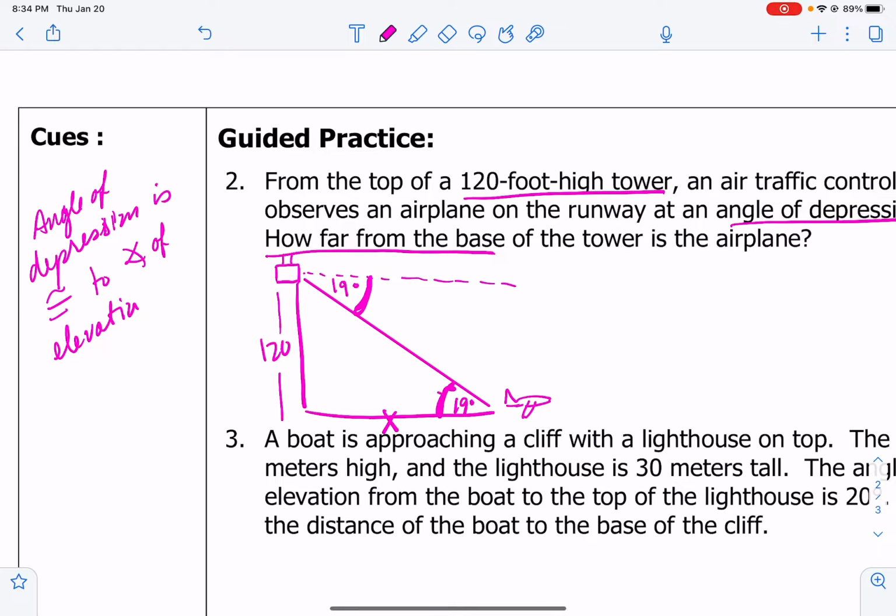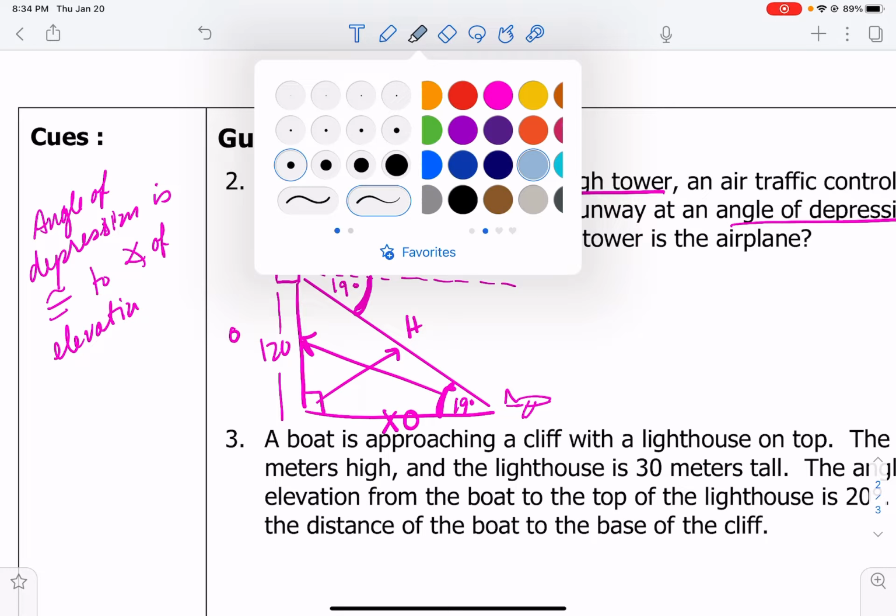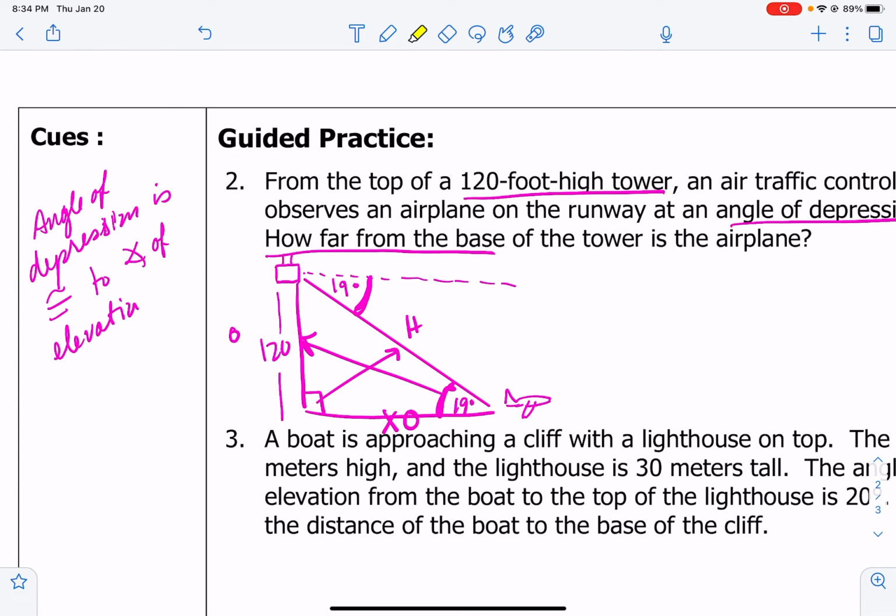So now I have that this is the opposite side. Here's my right triangle. This is the hypotenuse, and this is opposite. So I'm using my opposite. I don't know why I wrote that as opposite. It's adjacent. So I have opposite and adjacent.